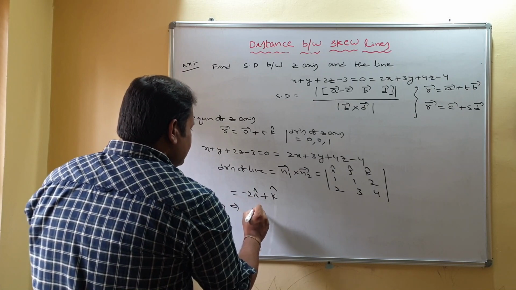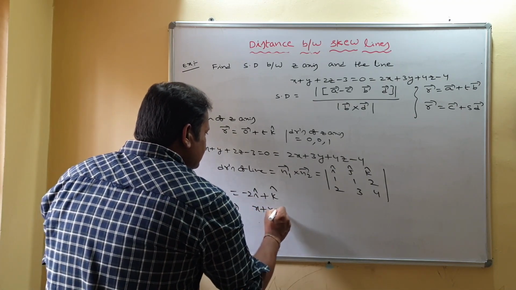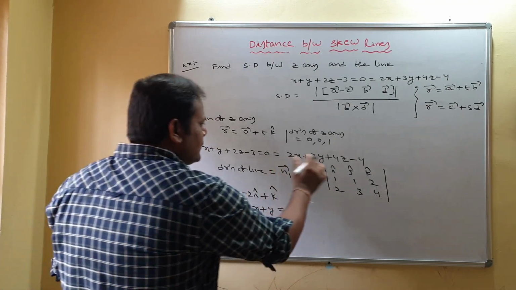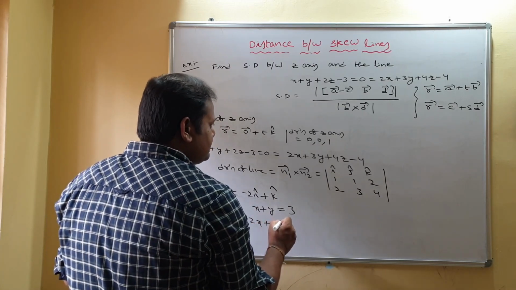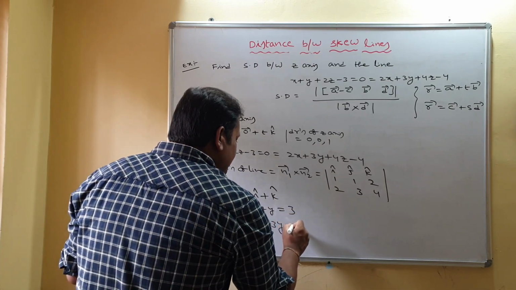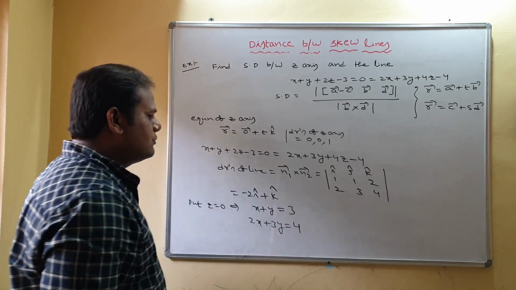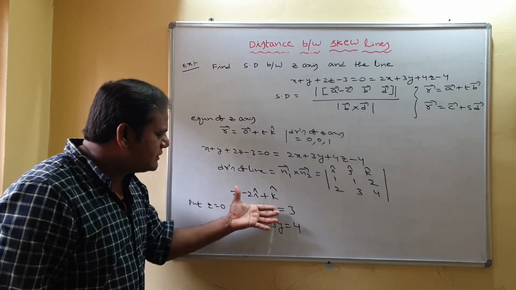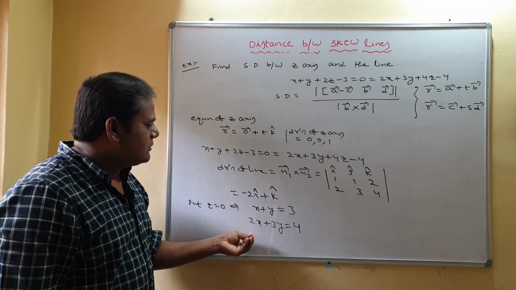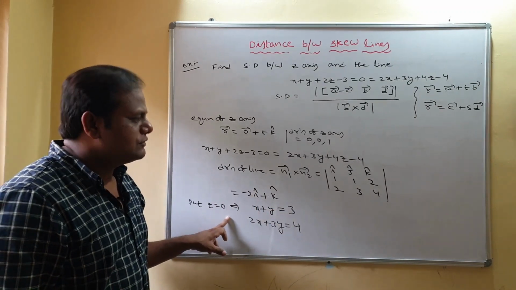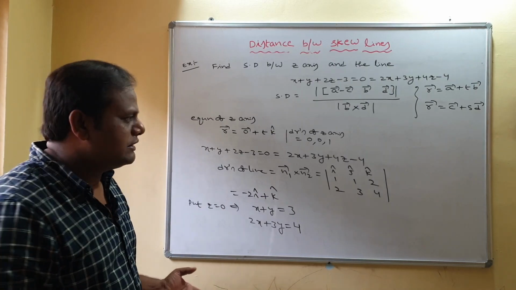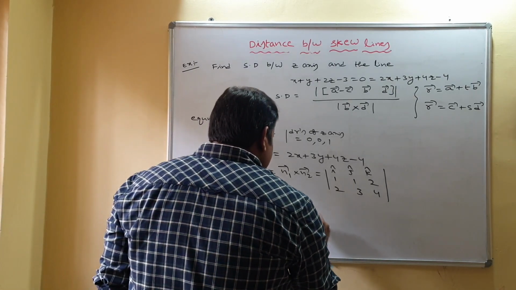Then we get x plus y equal to 3 and 2x plus 3y equal to 4. By solving these two, you can find the x value and y value. Already we have taken z equal to 0, so then you can get the point.